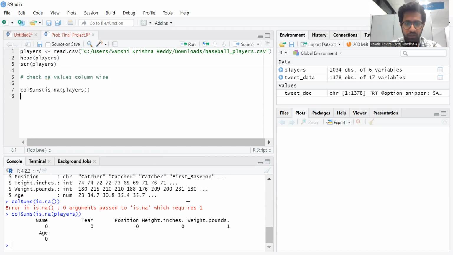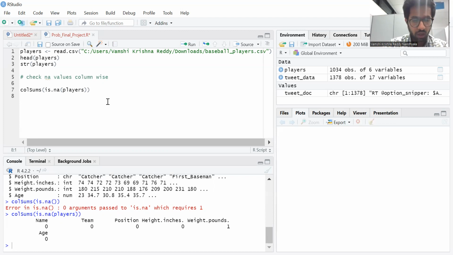If a column is a character column, I'm going to replace it with some space or a null value, but here we have an integer column, hence I'm going to replace it with zero.